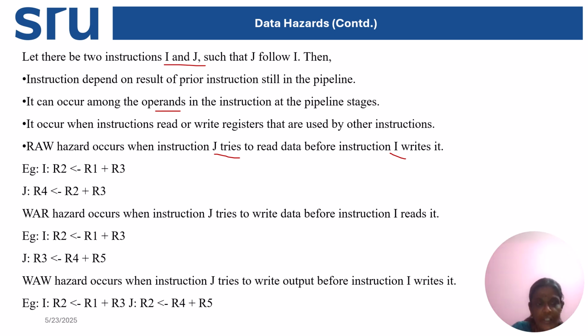So that is stated in terms of the statements. I: R2 = R1 + R3. J: R4 = R2 + R3. This R2, from where does it come?